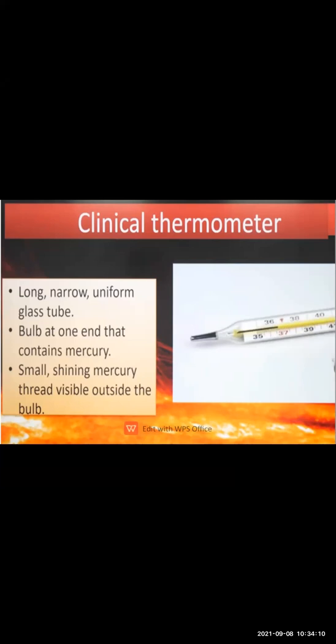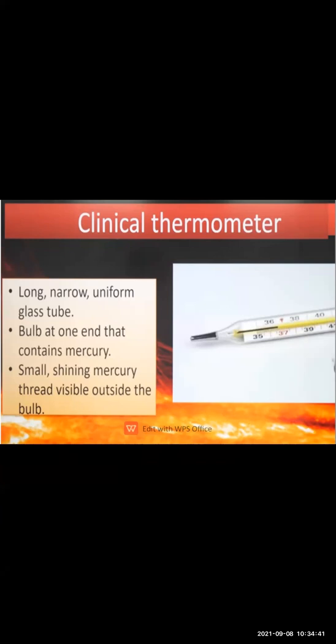The reading of the thermometer can be seen with the help of the shining mercury thread which is visible from the outside, and there are some measurements given due to which you can easily read the temperature.